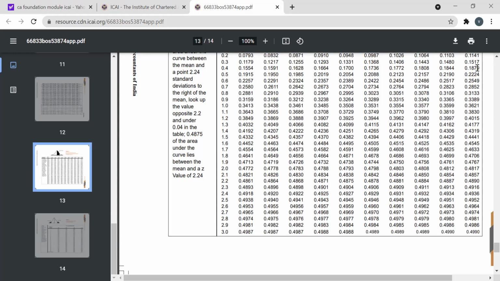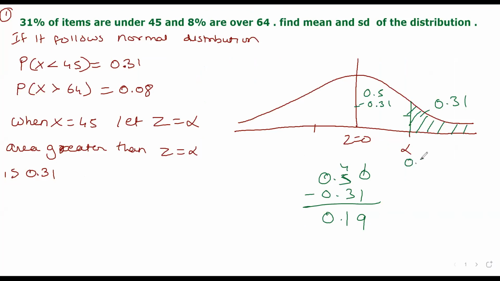Here it is 0.1879 and the difference from 0.19 is 0.0021, and here it is 0.1915, so the difference is 0.0015. Least difference you will take. So this is 0.50. So approximately alpha should be 0.50. So z is 0.50.